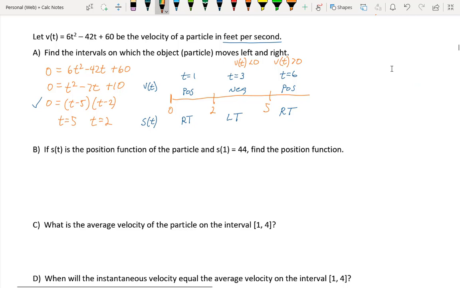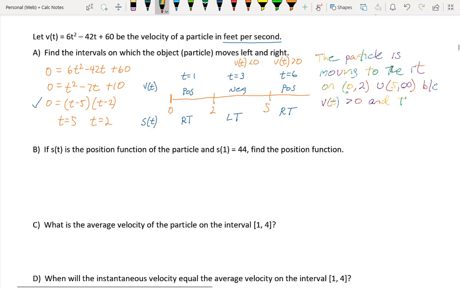So we'll say the particle is moving to the right on 0 to 2 and 5 to infinity, because v of t is greater than 0, and the particle is moving to the left on 2 to 5 because v of t is less than 0.